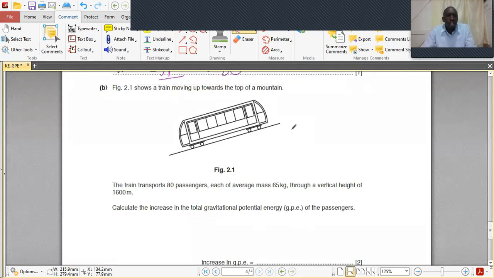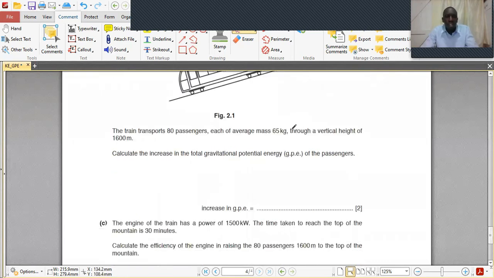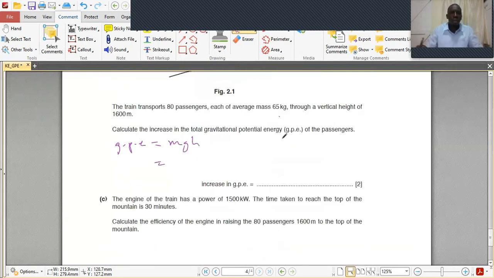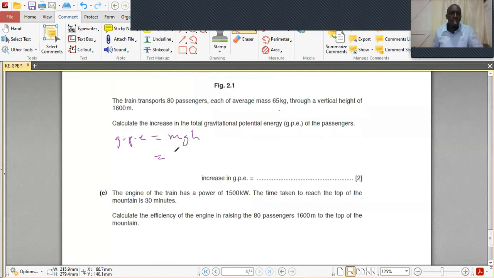But B, the figure shows a train moving up towards the top of a mountain. The train transports 60 passengers, each of average mass of 65 kilograms, through a vertical height of 1,600 meters. Calculate the increase in the total GPE of the passengers. So GPE is given by mgh. There are 80 passengers, each of 65 kilograms, so the total mass will be 65 kilograms times 80.